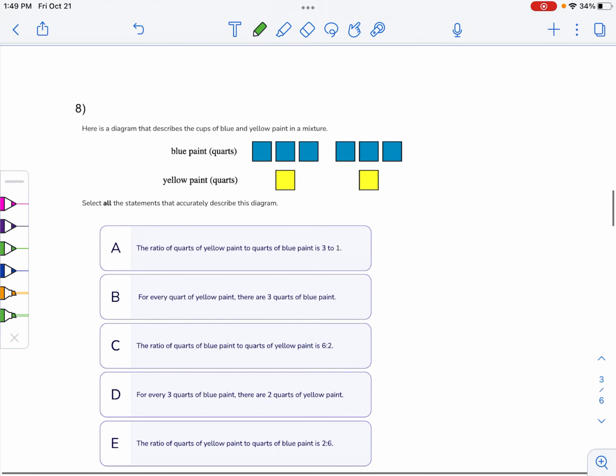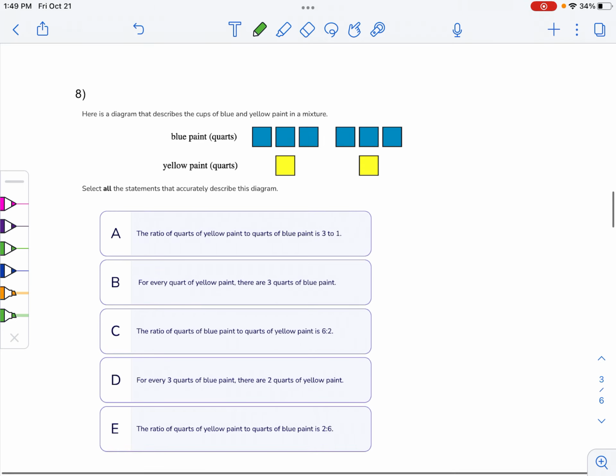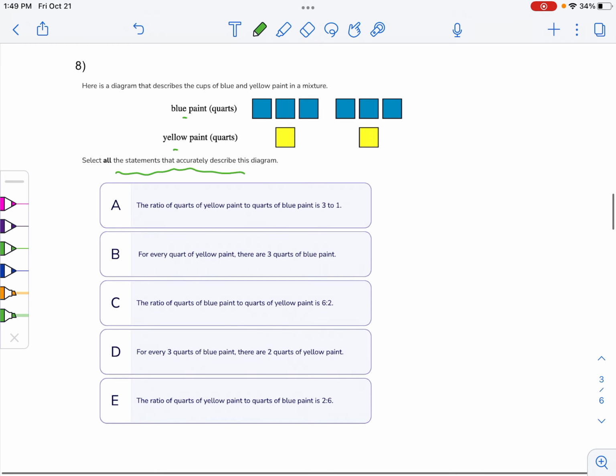Number 8. All right, we got some pretty funky pictures here. What are we doing? We painting? Oh, we are painting. All right, so we got a batch. We got some blue paint and yellow paint. Do all the ones that match. The ratio of yellow to blue is 3 to 1. No, that is not true.